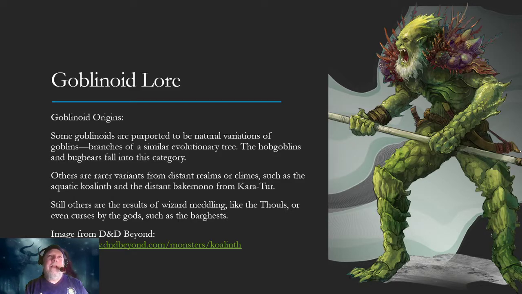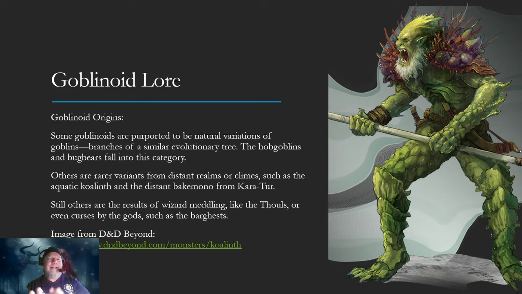So you might think of how in Earth evolution, they talk about the apes as a family of primates, and at some point they diverged, and you wound up having one branch that became chimpanzees, one branch that became gorillas, and one branch that became human beings.